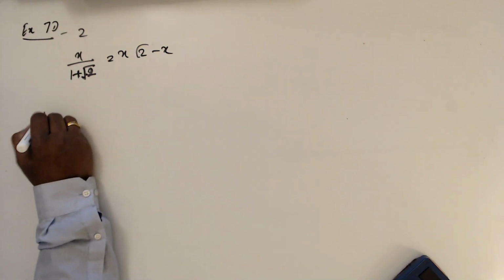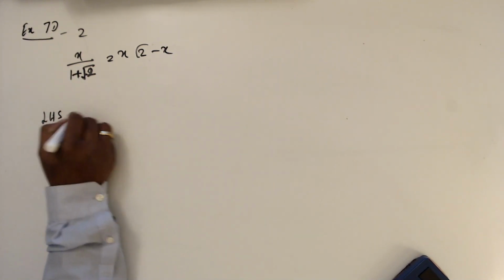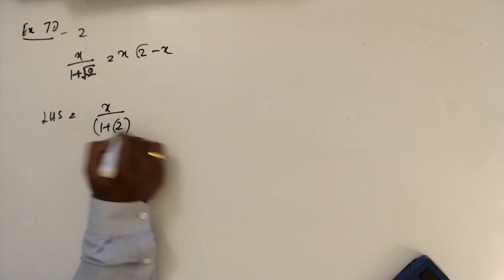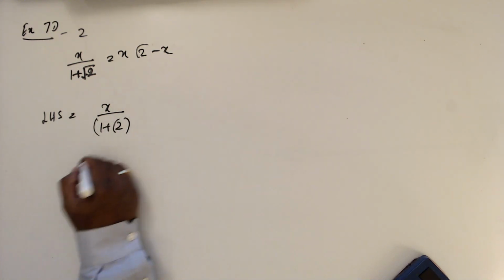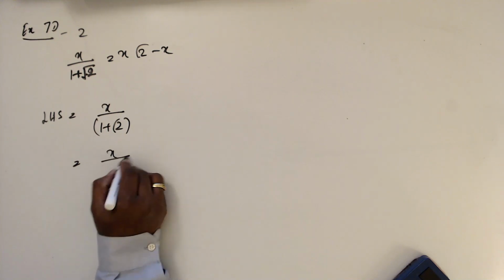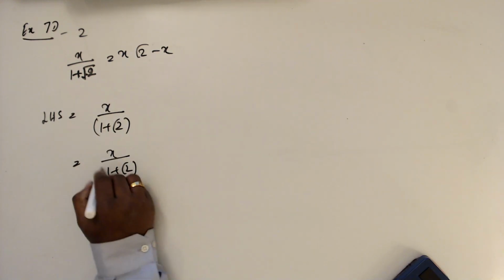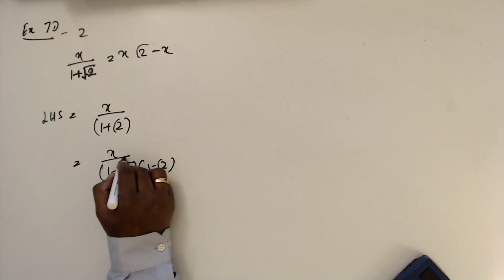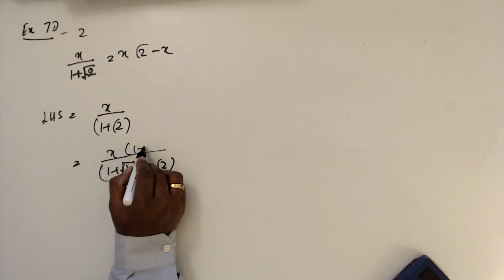So I take the left hand side. What is the left hand side? x over 1 plus square root 2. Then I multiply top and bottom by 1 minus square root 2.